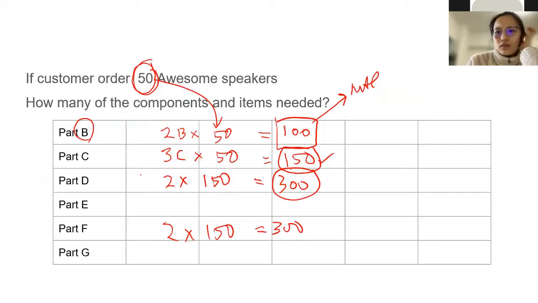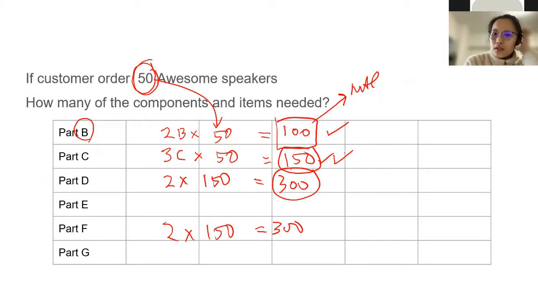We have B already. You need B and C. And how many Es do you need for one B? 600. Okay, how do you get 600?